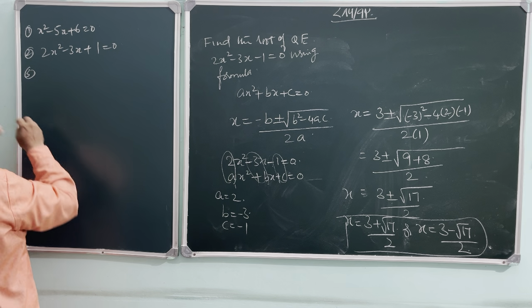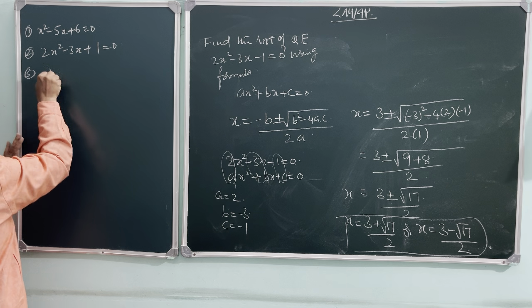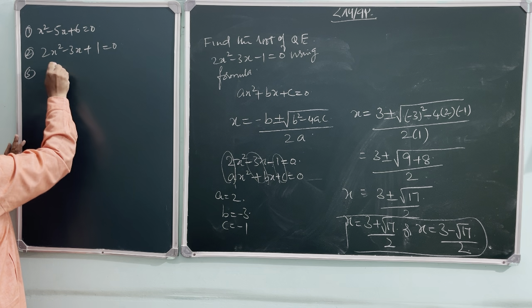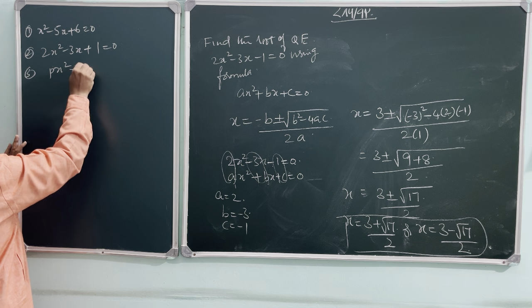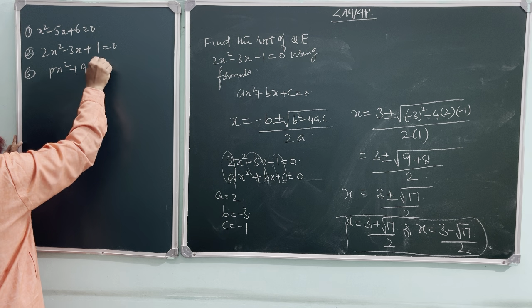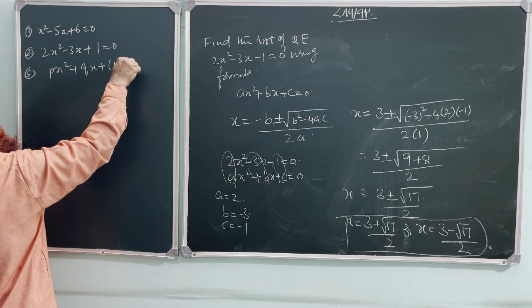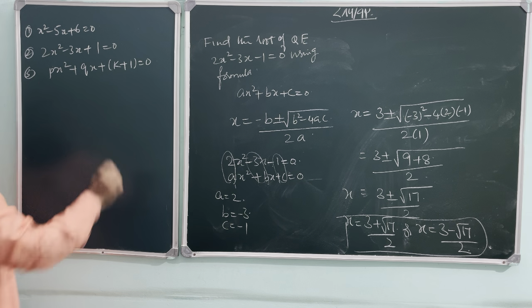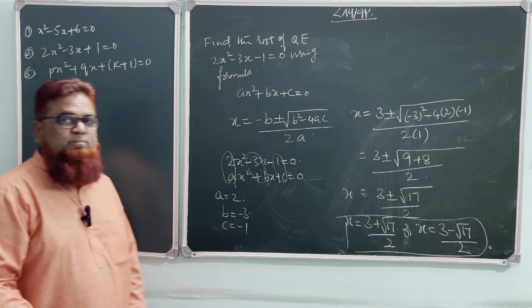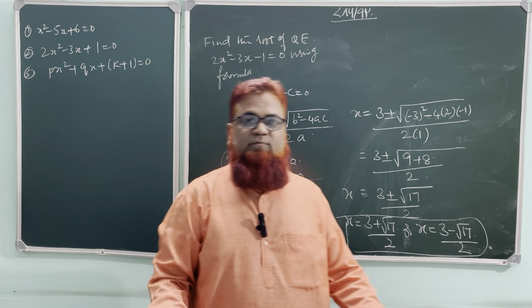Then the third one is px square plus qx plus k plus 1 is equal to 0. In this way, you practice and make yourself perfect.